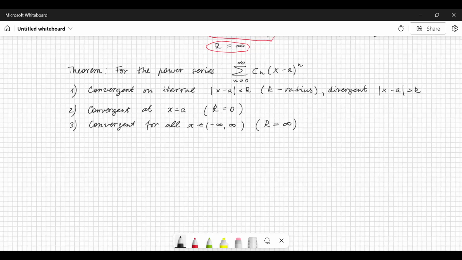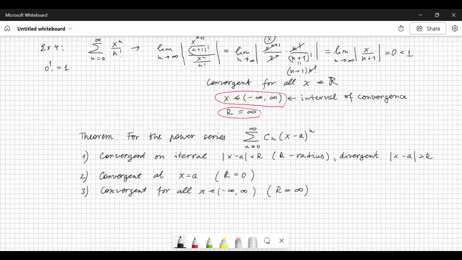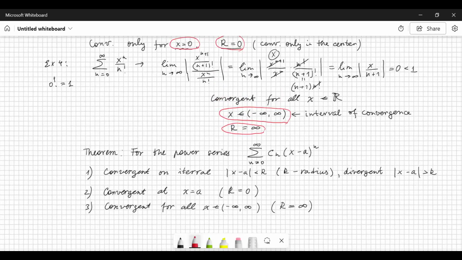Okay, now guys, I want to go back to the last example where we had the radius equal to infinity. What kind of series was it? Oh guys, this is a special series. We don't know it yet, but if you work with this series and find the sum of this series, like I did for the very first series in this section, you're going to figure out that the sum of this series is going to be the function e to the power of x. Very interesting, right?